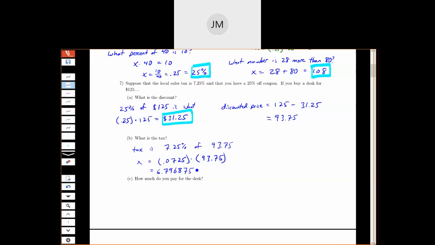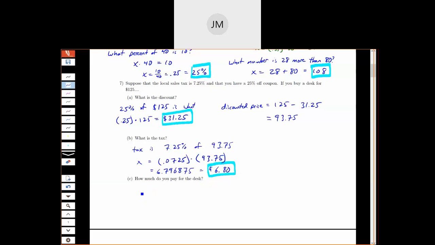Okay. When we do things with money, you're going to be safe if you just always round to the nearest cent. So we'll say $6.80. Okay. So then how much do you pay for the desk?